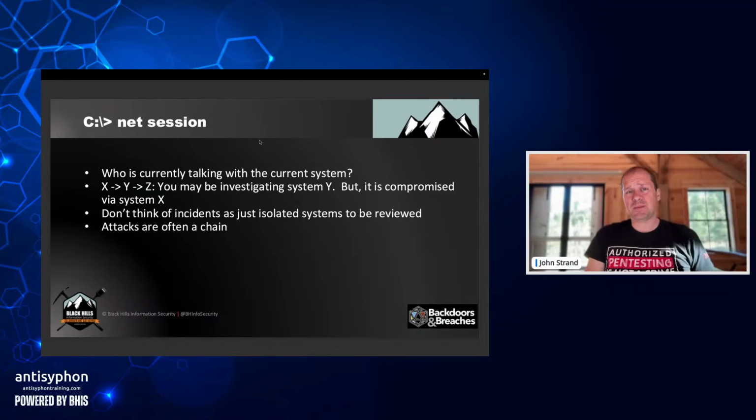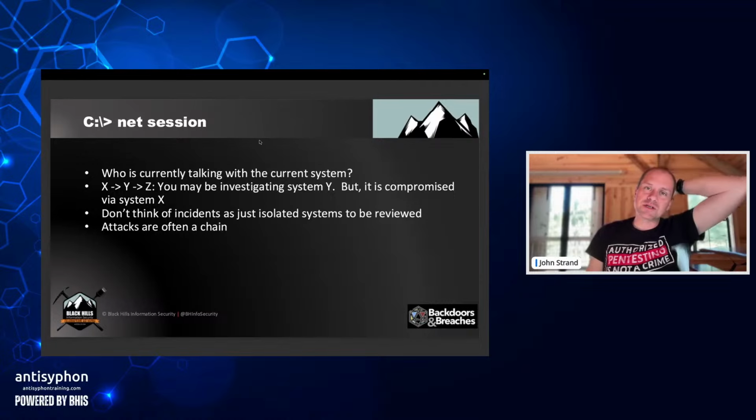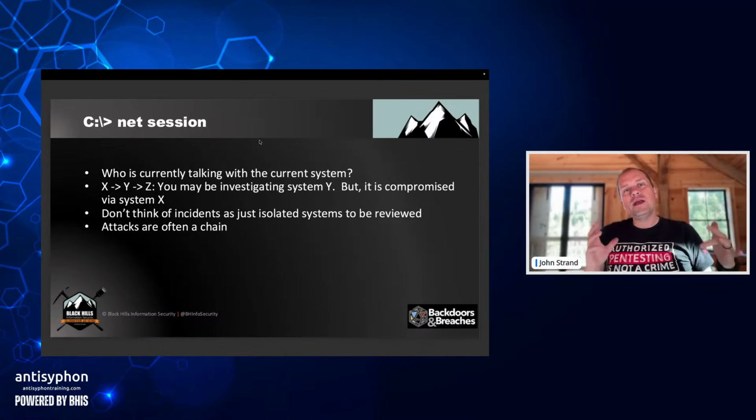Now, net session. Let's say, hypothetically, we detected malware on system Y, and we start investigating what's going on on system Y. But we can fall into a trap of believing that the malware and the entirety of the incident only exists on system Y. That would be a mistake, because we may have detected that malware on system Y, but it could be that system Y was compromised from system X, and system Y may also be compromising system Z. It's kind of like a computer centipede, with multiple computer systems connected to each other.